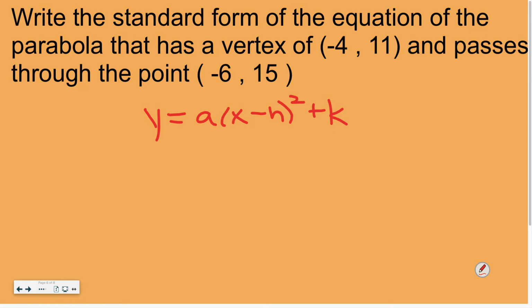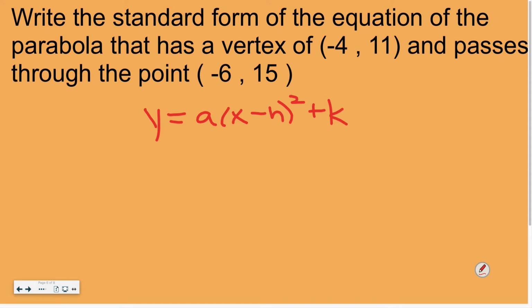X squared plus whatever c is, and then we can go from that to complete the square. Well, we know what h is. And it is a parabola, right?